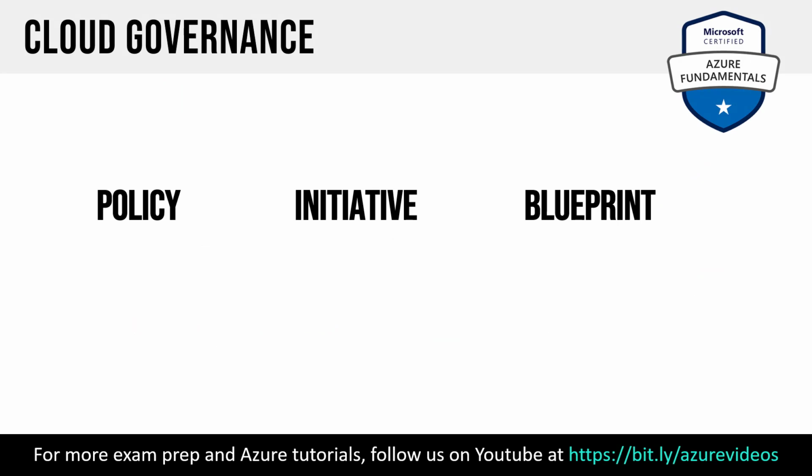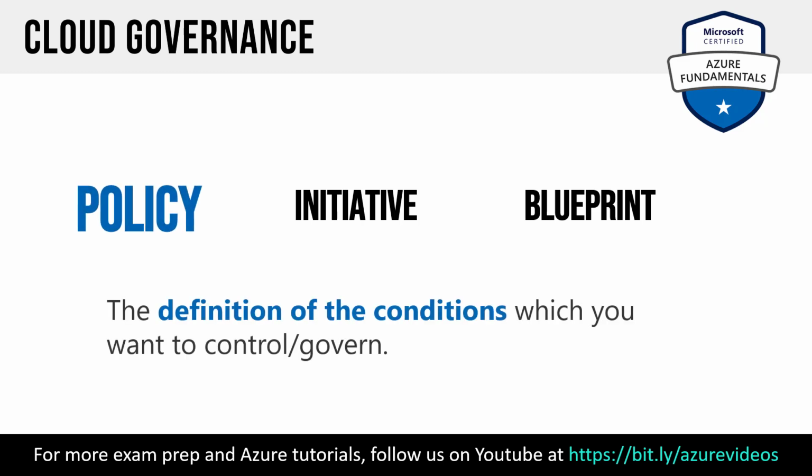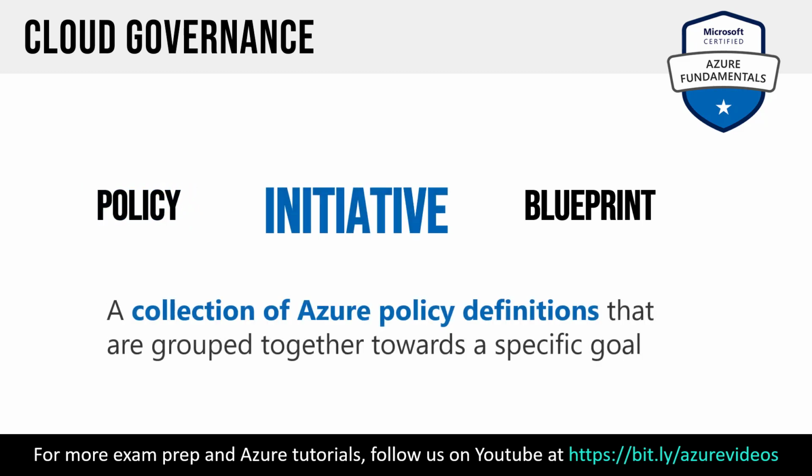So let's talk about the other important aspects of cloud governance. I want to touch on policies, initiatives, and blueprints. A policy is a definition of the conditions you want to control or govern. For example, you could establish a policy that only allows your admins to deploy resources to certain Azure regions, or to only deploy specific Azure VM SKUs, or to establish certain settings that you require. An initiative is a collection of Azure policy definitions that are grouped together towards a specific goal.